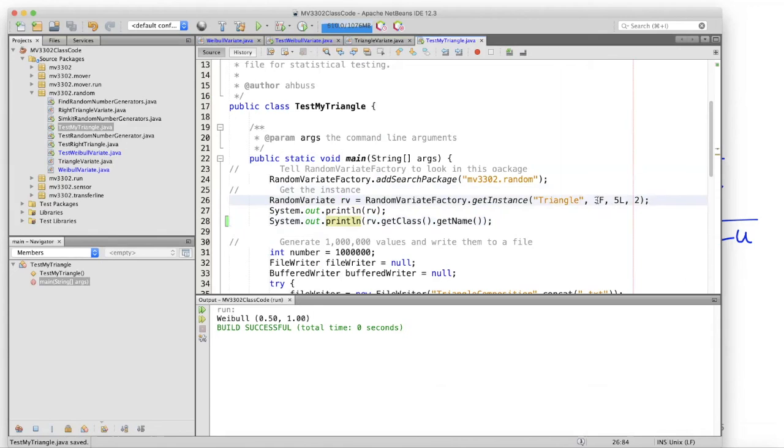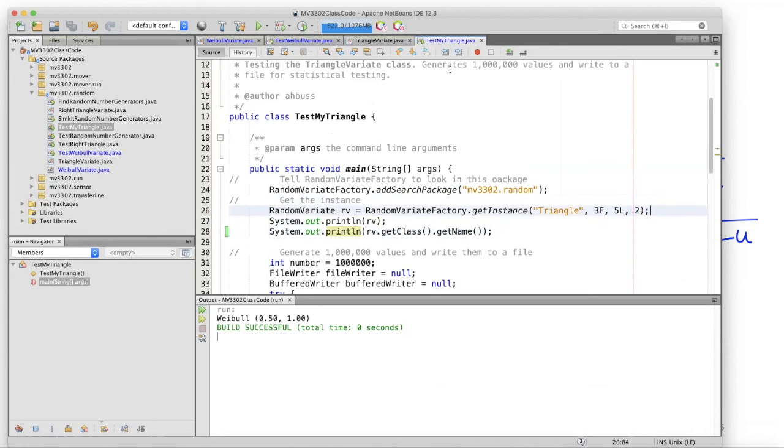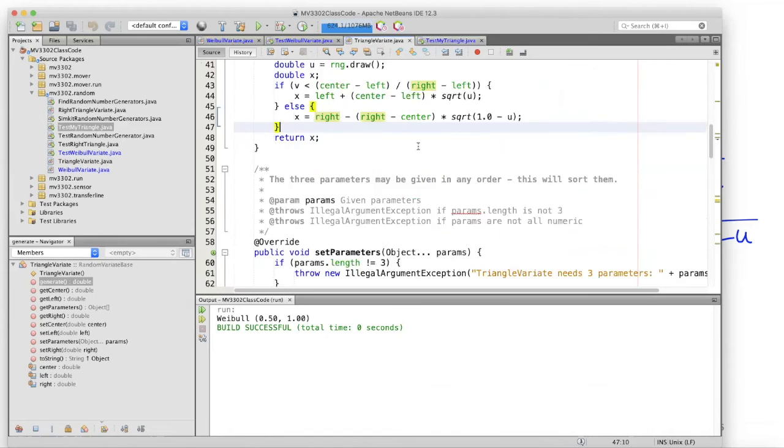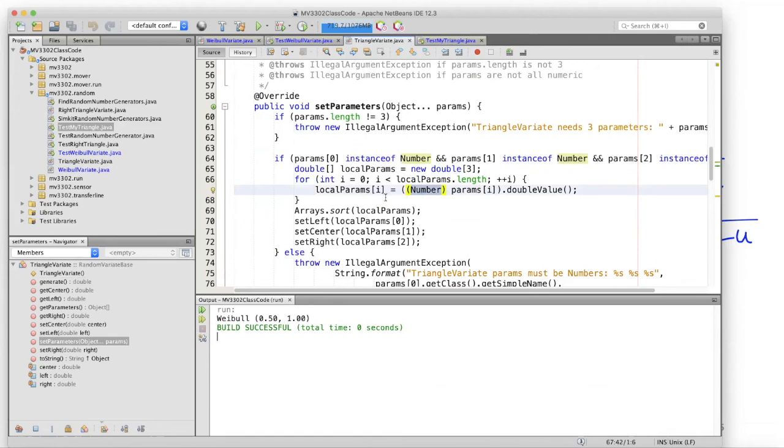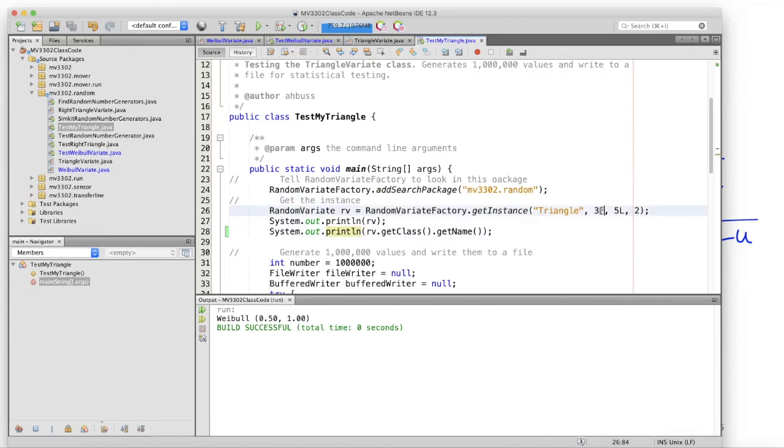The other thing I did here was to illustrate the importance of using numbers here rather than doubles. Notice here, the 3 is actually a float, not a double. And I usually don't use this, 5L is a long and 2 is an int. So I'm giving it a float, a long, and an int.